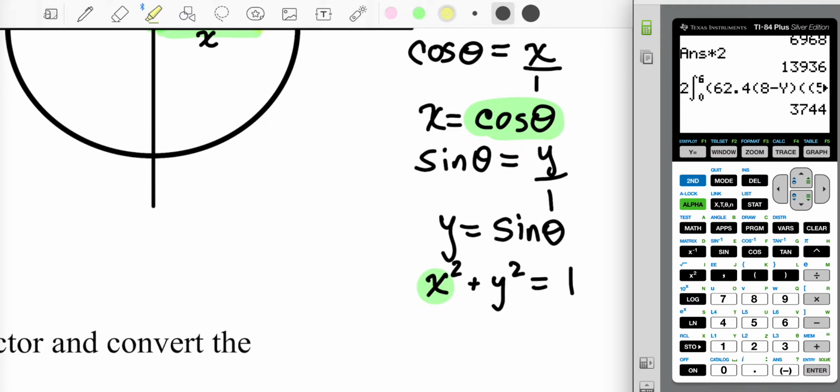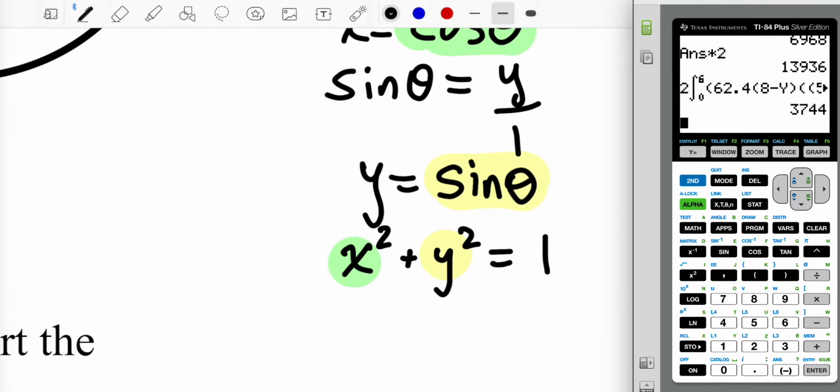Y is equal to the sine of theta in the unit circle. Very important that you stay with that idea that in the unit circle, x is not always equal to the cosine of theta. Y is not always equal to the sine of theta. It's only when it's on the circumference of the unit circle that that relation is true. So cosine squared theta plus sine squared theta is equal to 1.